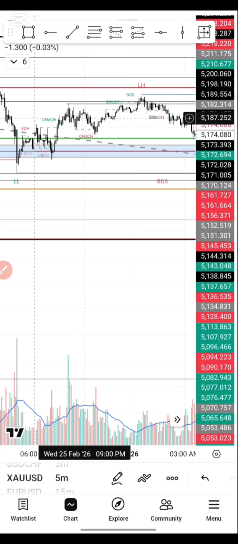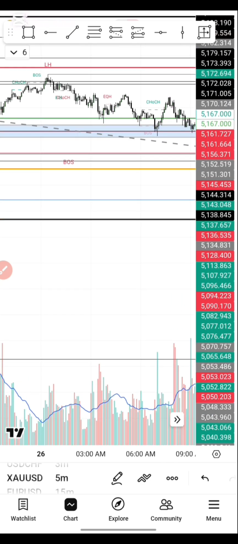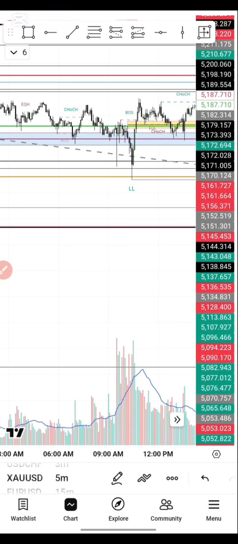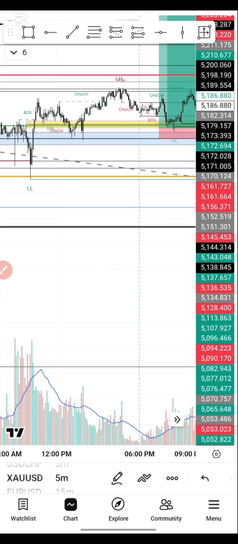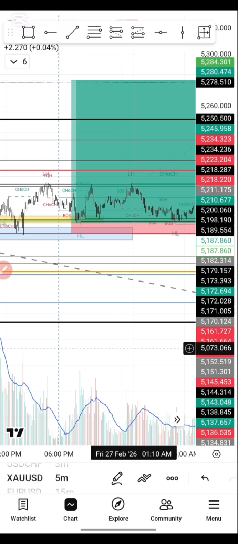So if I had entered a trade here, put my SL at this level, and then held the trade, I would have been in a good sell trade, but I didn't enter the trade. Always trust your analysis.